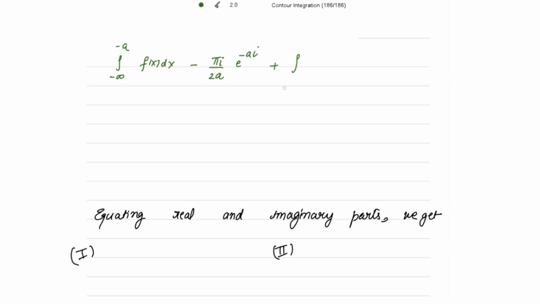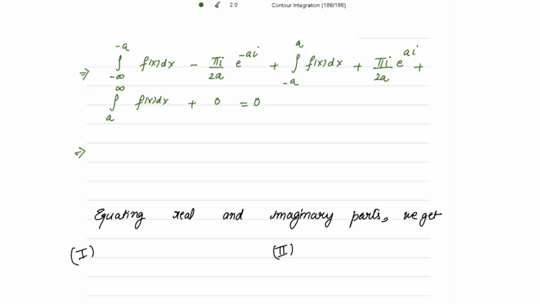And then this is from minus a to a f of x dx, plus the value for the integral over gamma 2, which is pi iota over 2a e to the power a iota, plus the integral from a to infinity f of x dx, plus 0. The integral over tau is 0.